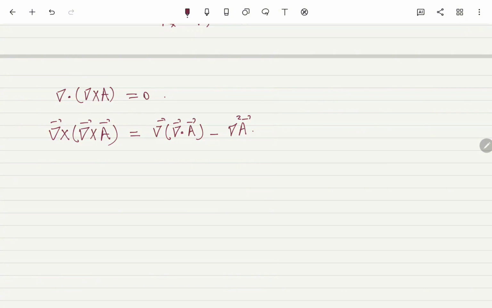Just let's rewrite this one here like Laplacian A, it is equal to gradient divergence A minus curl curl A.